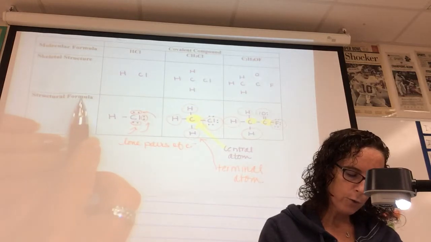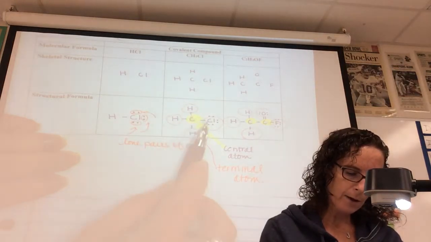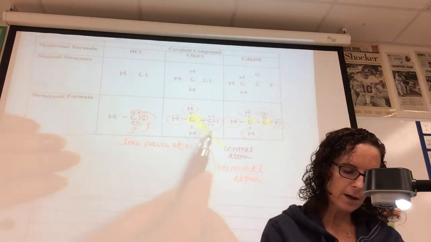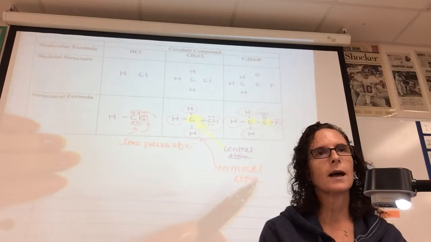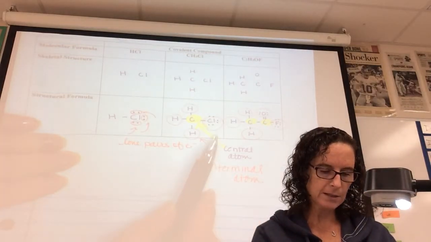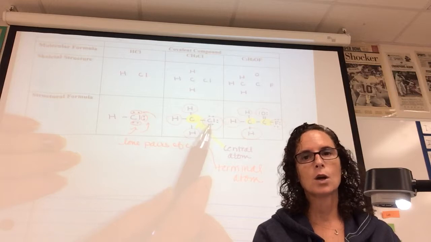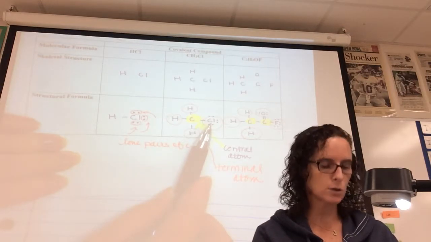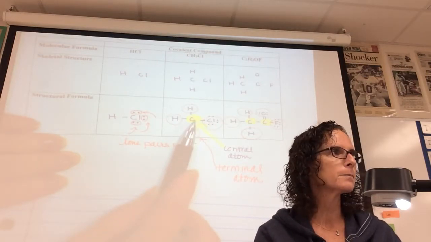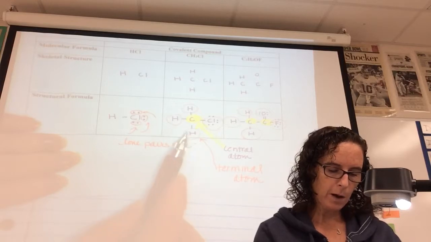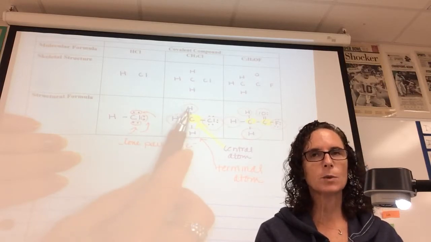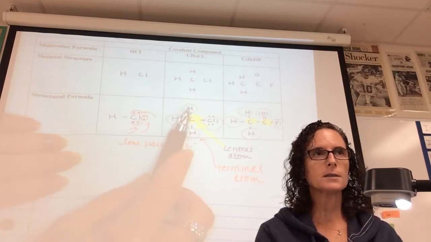The structural formula shows you how the atoms are linked together, as well as lone pairs of electrons on, in this case, a terminal atom. Terminal atoms are connected to only one other atom. Keep in mind that hydrogen must be a terminal atom. Must.